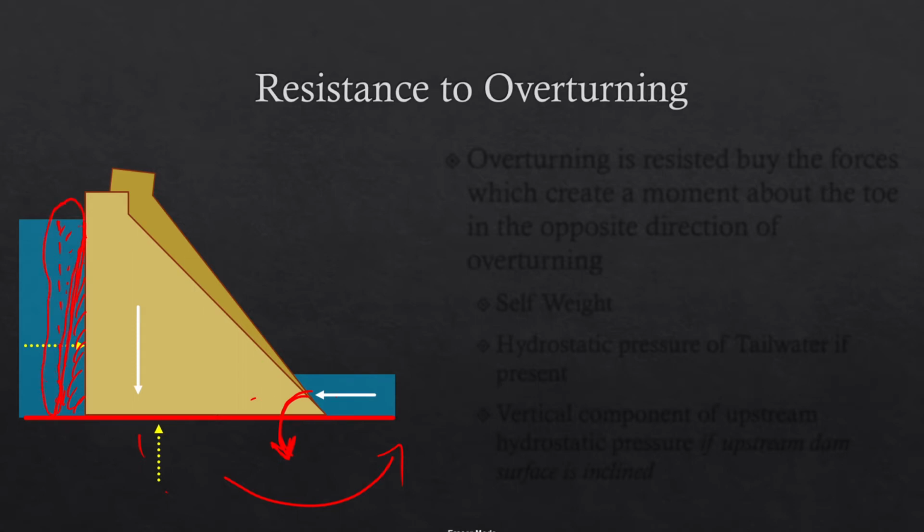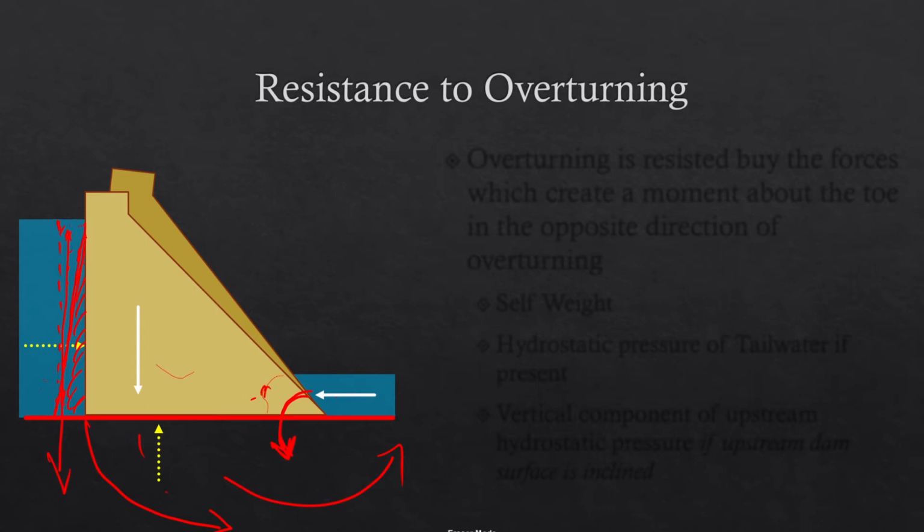So this volume of water we'll have to find out, and again this weight will be acting in this direction, and because of that we'll have again a resisting moment.